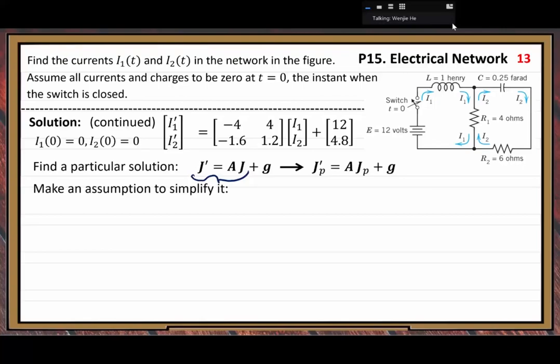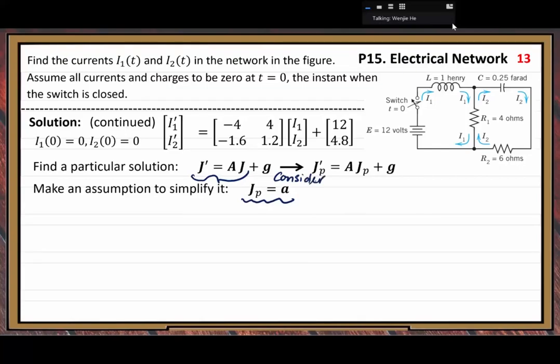Because we have freedom to choose y_p, we apply our freedom. So here we consider this form. How about that?